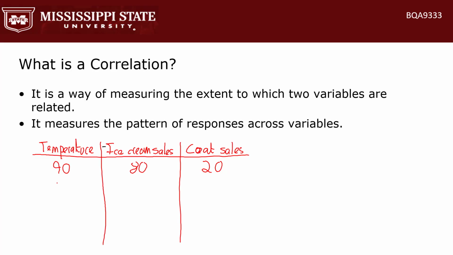And if we had a low temperature day, 40 is pretty low for Mississippi, nobody's going to be buying ice cream, but we might have much higher winter coat sales. So there isn't a perfect relationship, but generally there's going to be a positive relationship between temperature and ice cream sales, and a negative relationship between temperature and coat sales.